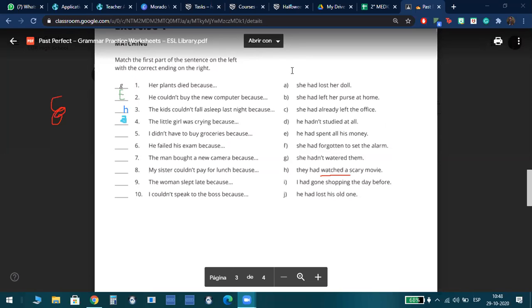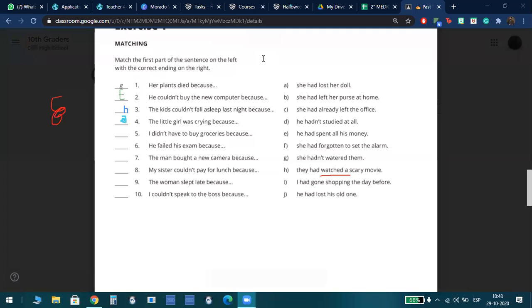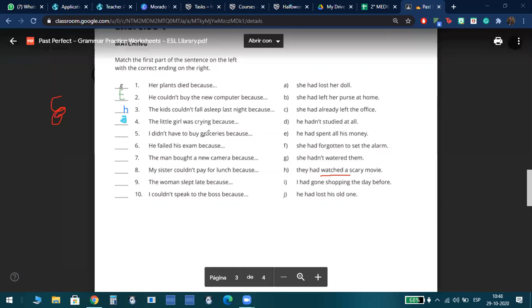Let's continue with Luciano Raul. Number 5. I didn't have to buy groceries because. Okay, first of all, let's define groceries. What are the groceries? You can buy groceries at a grocery store. Teacher, are those sweets or not?